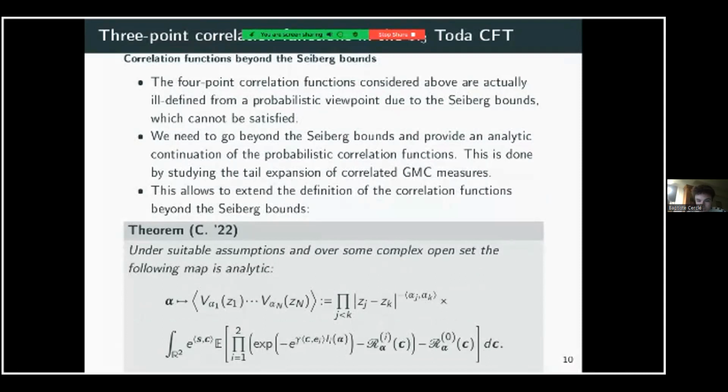If you define the correlation functions in such a way, by taking this exponential of the GMCs and removing the terms which contribute to the asymptotic, then the map that you define is analytic, so it's the good continuation of the correlation functions beyond the Seiberg bounds.